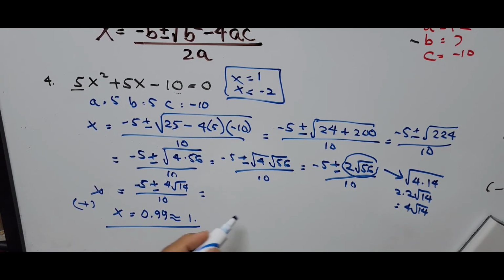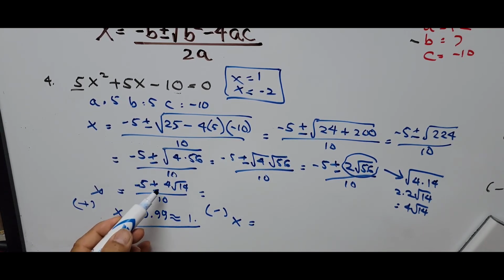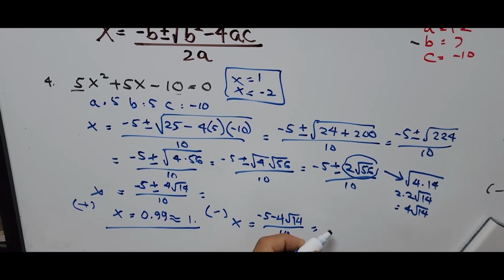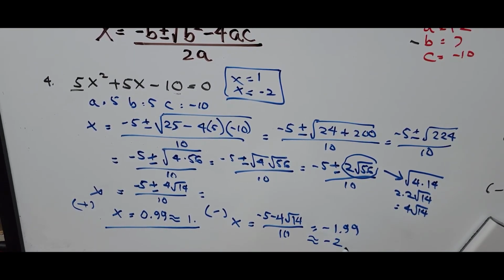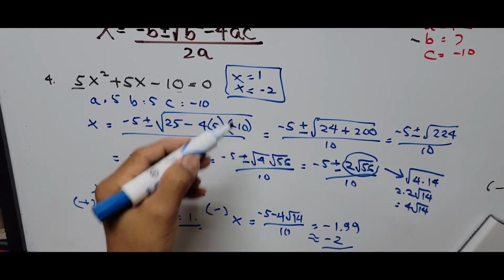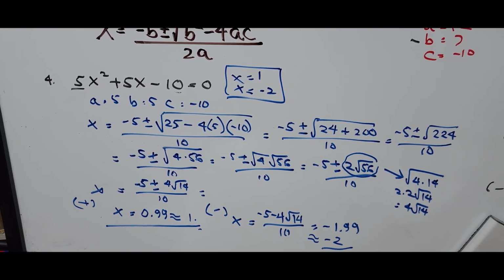If we take the negative, x is equal to minus 5 minus 4 square root of 14 divided by 10, that is negative 1.99, which is approximately negative 2. So we have confirmed the values of x, 1 and negative 2. Our answers x equals 1 and x equals negative 2 are both correct.